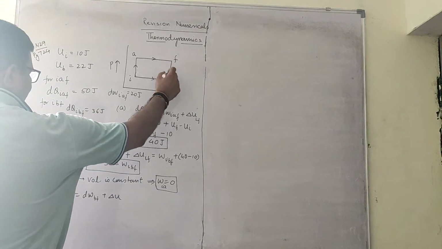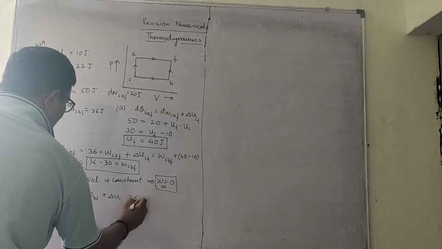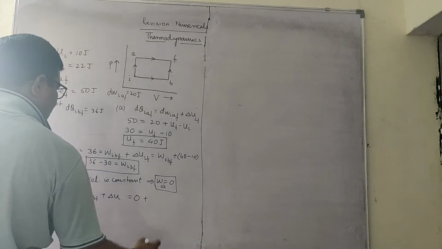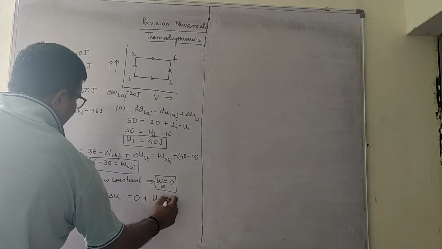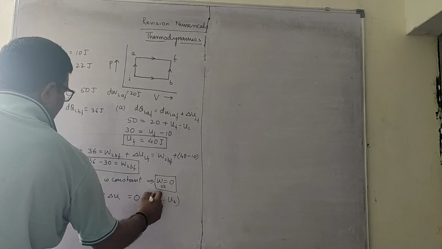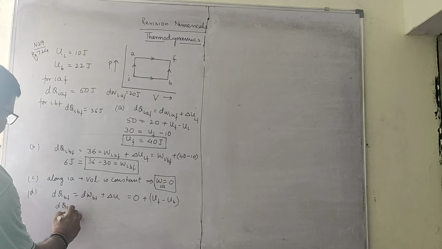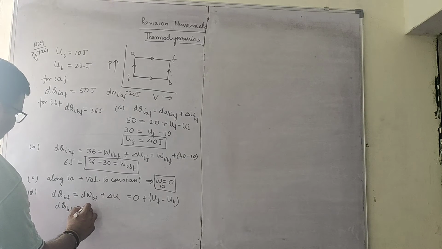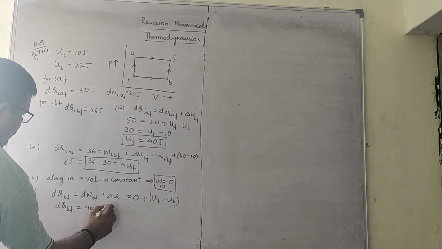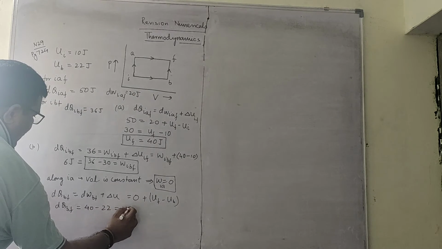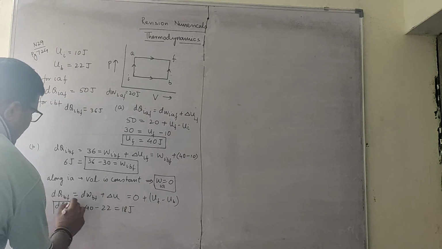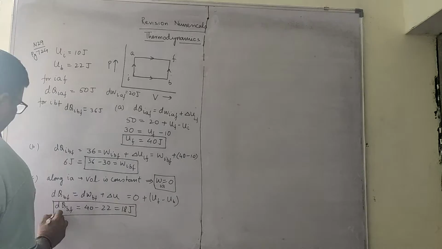Now along BF work done is 0. Why? Because it is isochoric. This is UF minus UB. So dQ along BF is equal to UF, which is 40, minus UB, that is 22. So it is 18 joule. So dQ along BF is 18 joule.